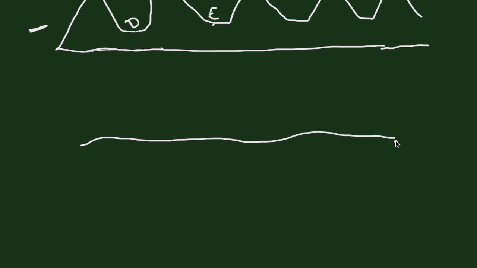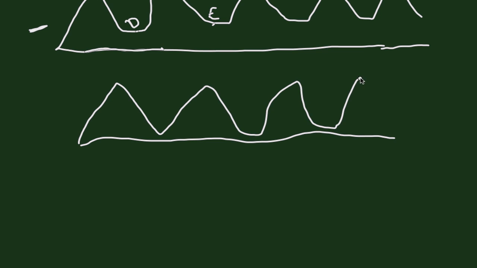In a situation where a fetus is growth restricted or there's abnormal placental function, what you start to see is a decrease in diastolic flow. And this is abnormal. Again, this is peak systolic flow, and this is end diastolic flow. Systolic and diastolic.